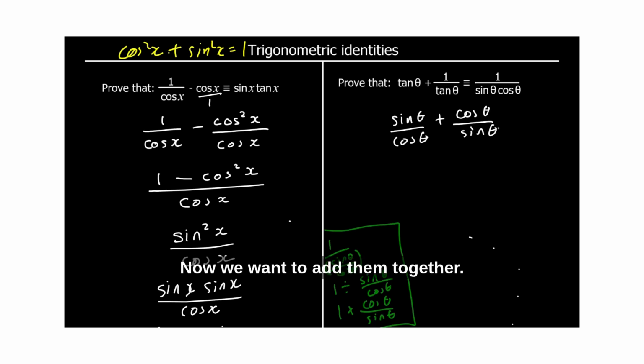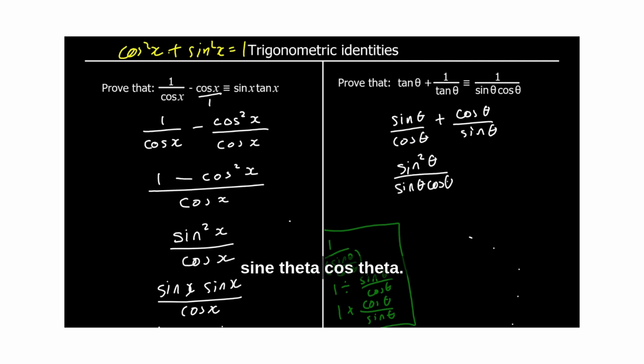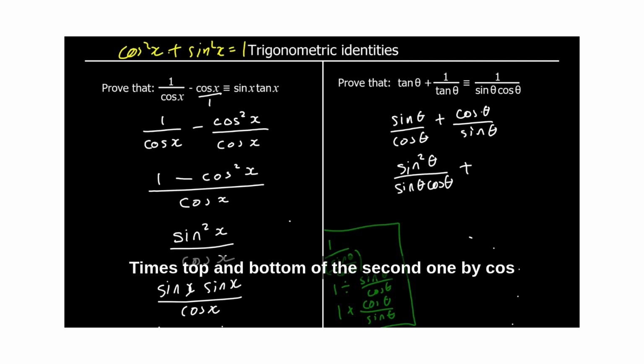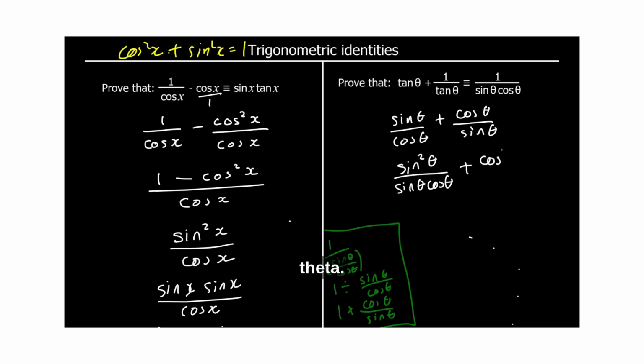Now we want to add them together, so let's make the denominators the same. Times top and bottom of our first one by sine theta. That'll be sine squared theta over sine theta cos theta. Times top and bottom of the second one by cos theta. That'll be cos squared theta over sine theta cos theta.